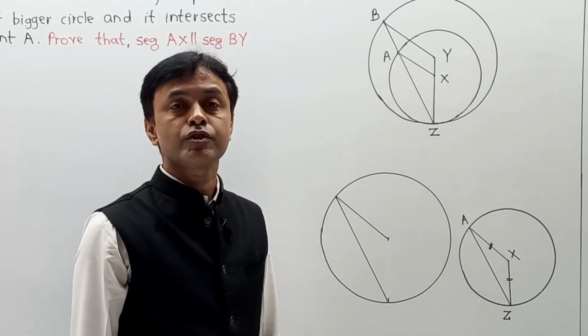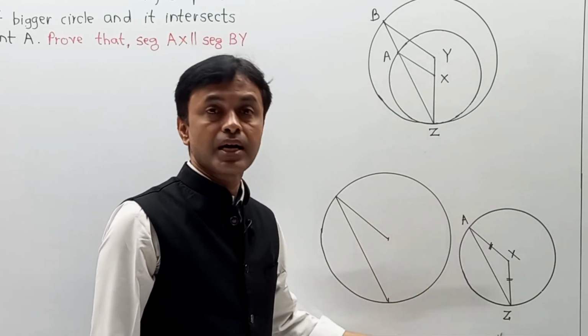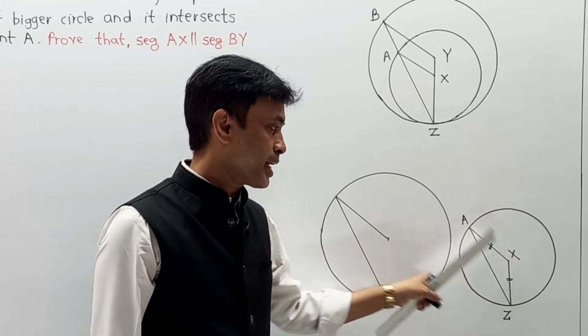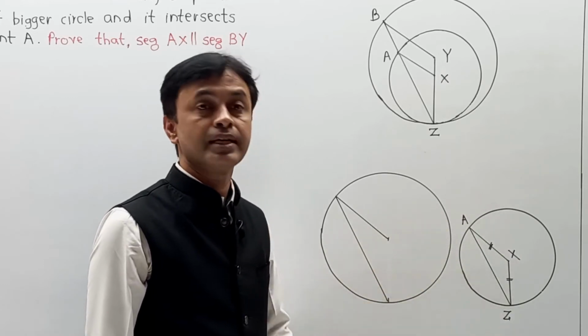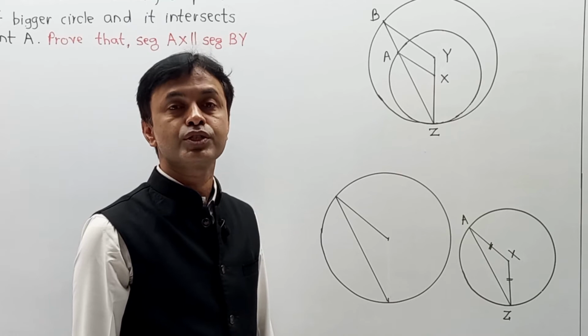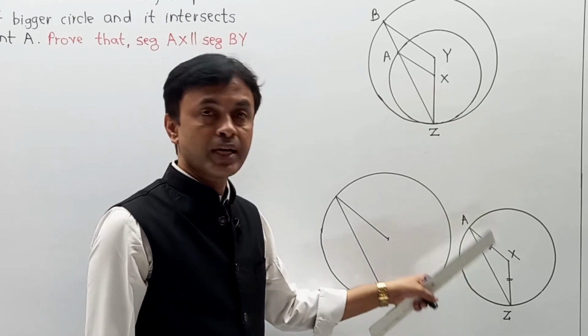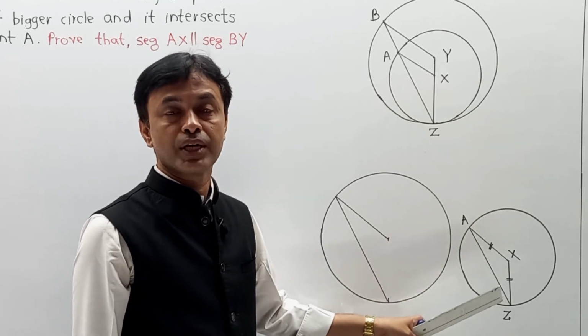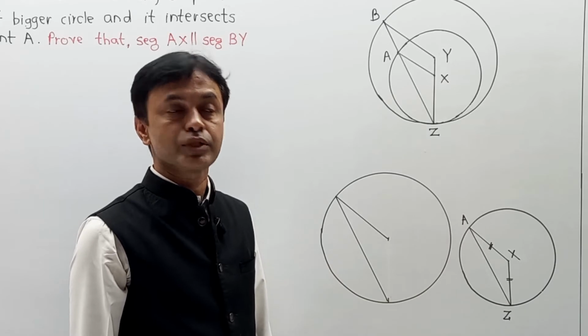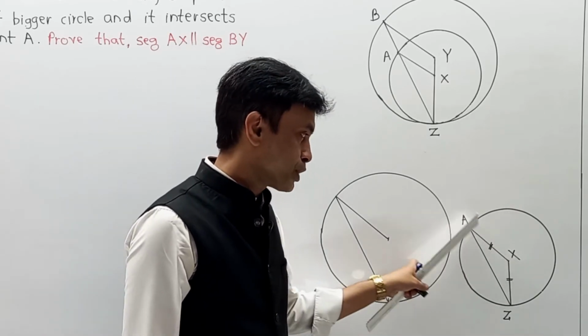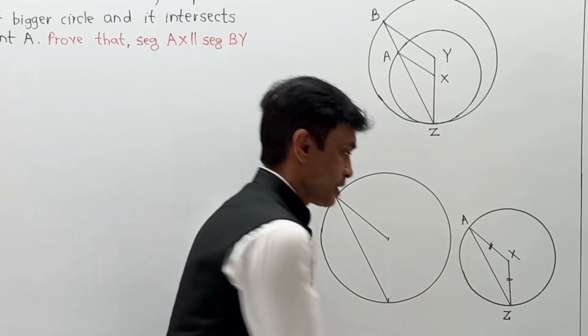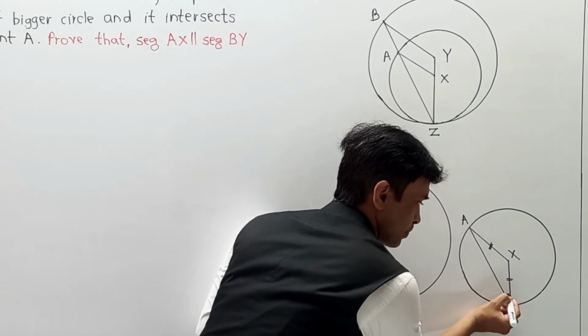Now, if radius of circles are congruent, naturally this triangle XAZ becomes an isosceles triangle because its two sides are equal. And if isosceles triangle is over here, then its remaining two angles must be congruent. Means opposite to side XA, angle Z, which is over here.